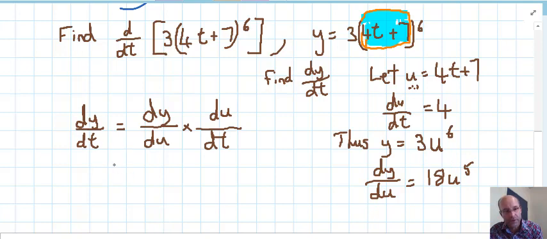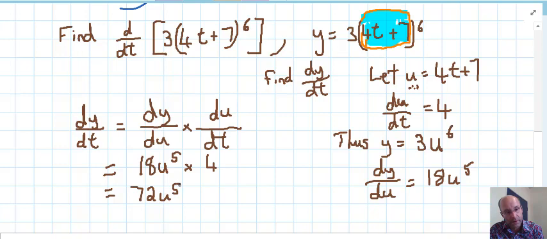So let's put these in. We need dy du first, which is 18 u to the power 5, times du dt. So there's du dt there, times 4. Okay, so 18 times 4 is 72, u to the fifth.